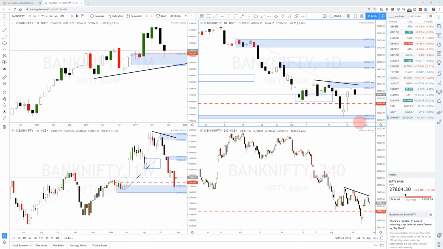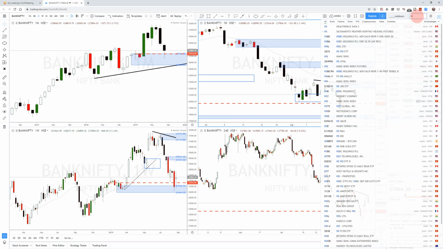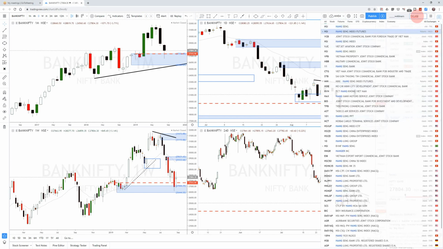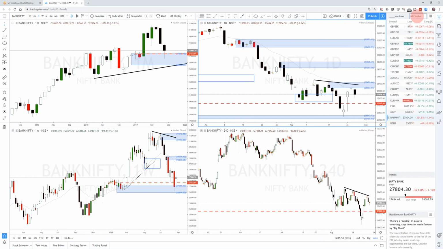So if you were trading only these three assets, imagine the Bank Nifty, the Australian index, and the Hang Seng index, which of the three wouldn't you take? Which? We have three. Hang Seng index, because you have to be very selective, very picky. Okay?